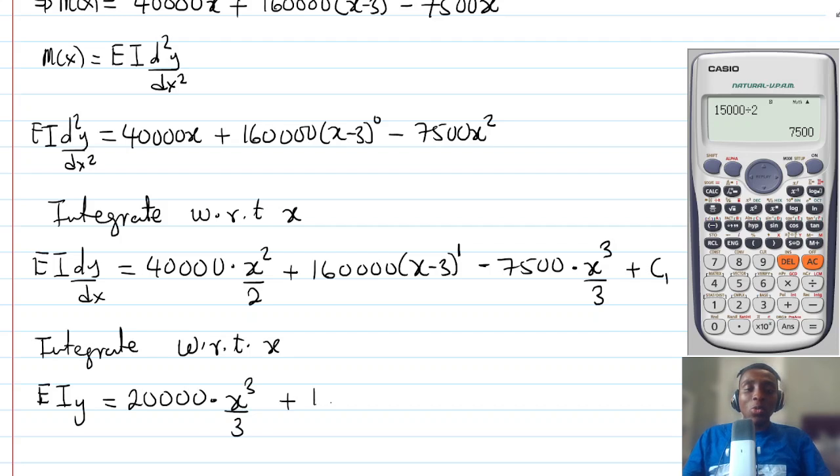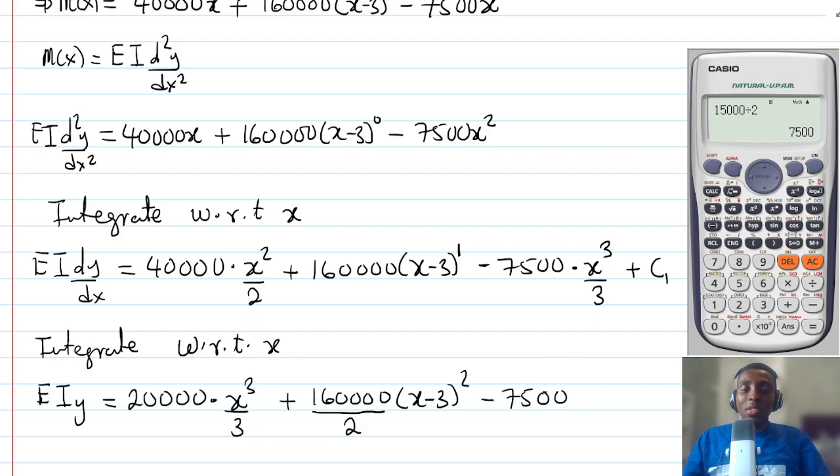And then plus, this time, 160,000 times x squared. If you put 2 here, then it means you have to divide by 2. We didn't divide before because it was just 1. So you add 1 to the power and divide by the new power. Now again, we are going to do 7,500 divided by 3.